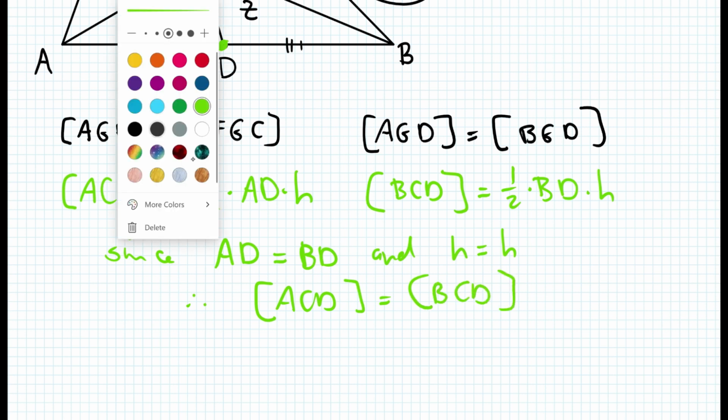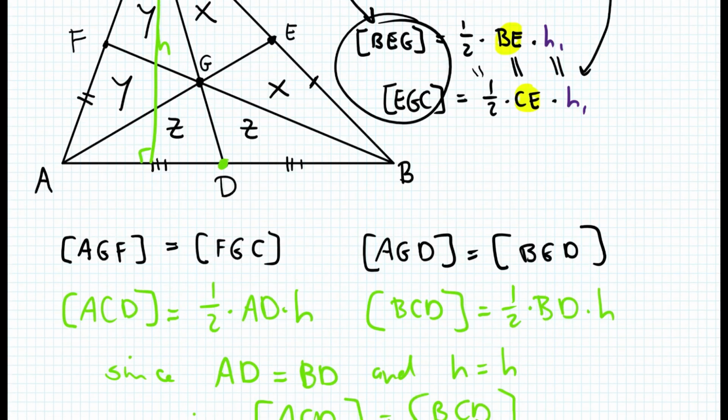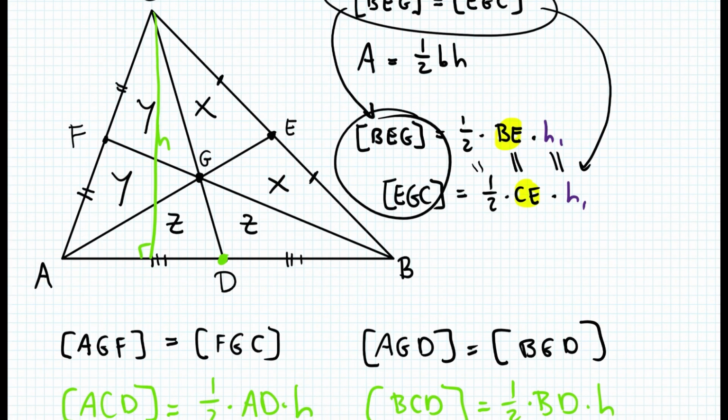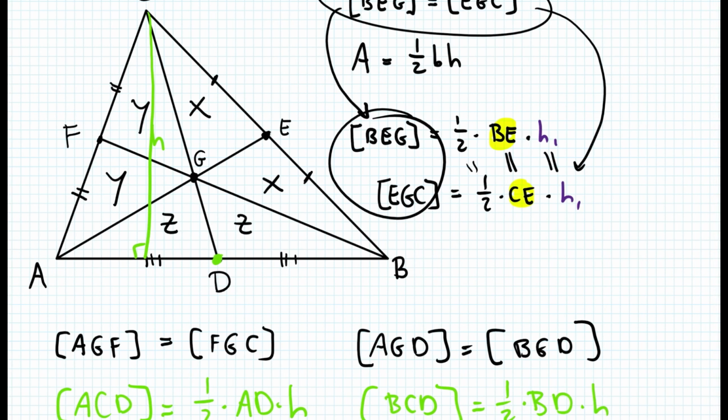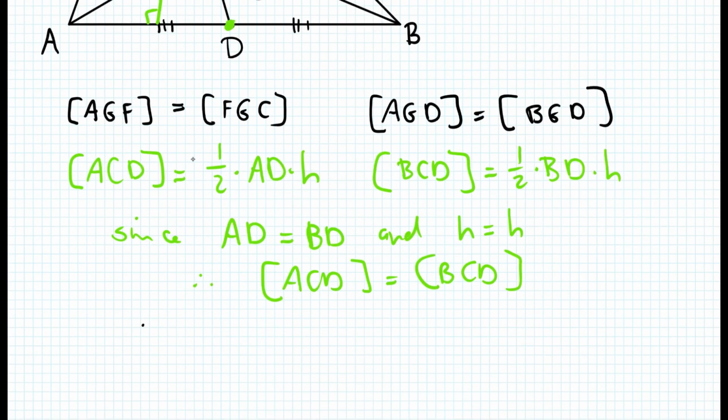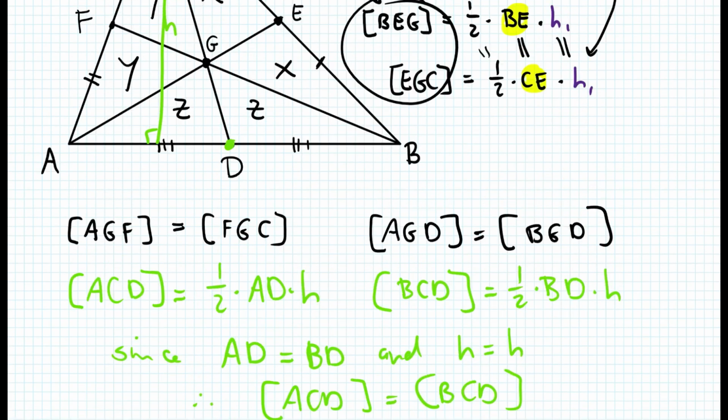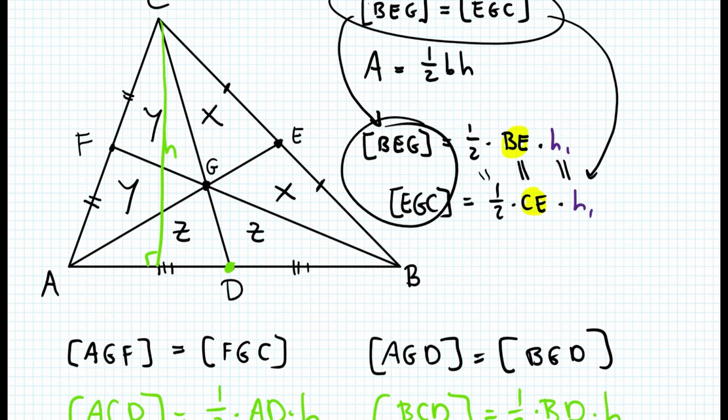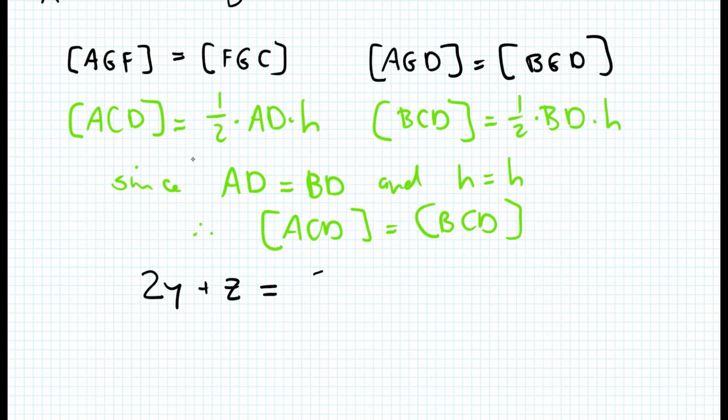So that actually simplifies a lot of things, because if we know that these two are equal, then we can actually say that 2y plus z has to be equal to the other triangle, which consists of 2x plus z.